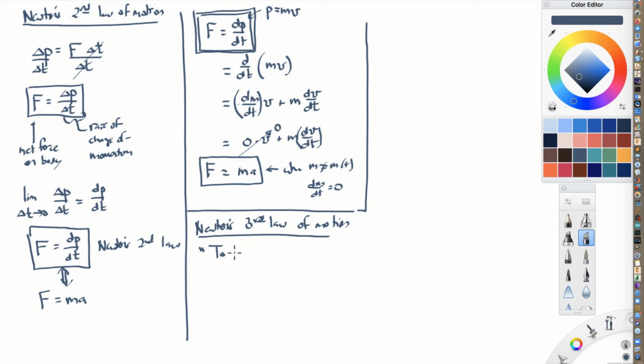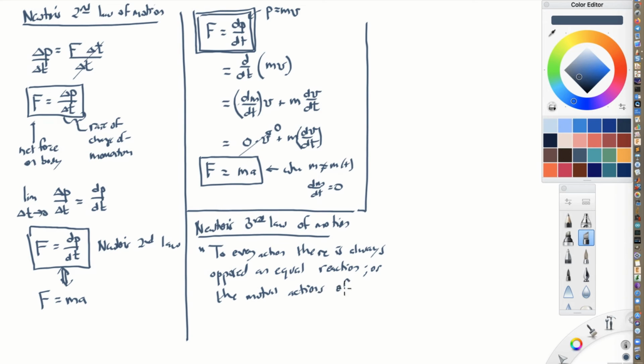So: to every action, there is always opposed an equal reaction, or the mutual actions of two bodies upon each other are always equal and directed to contrary parts.